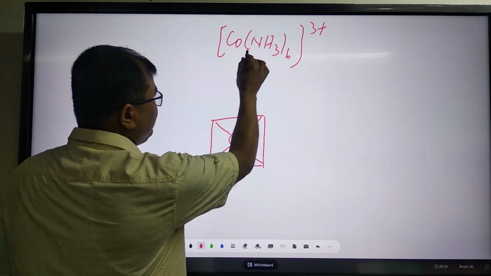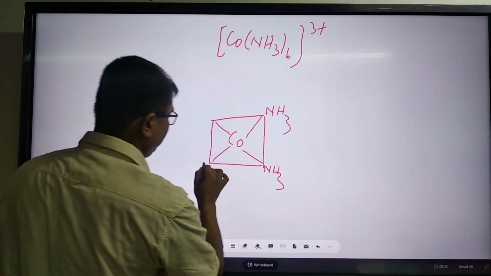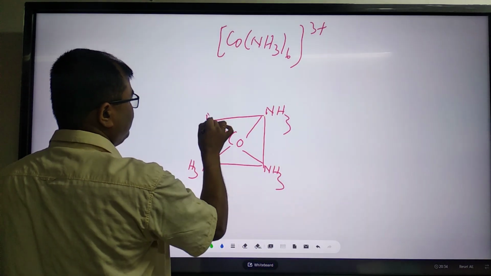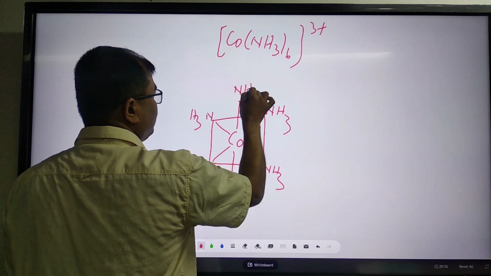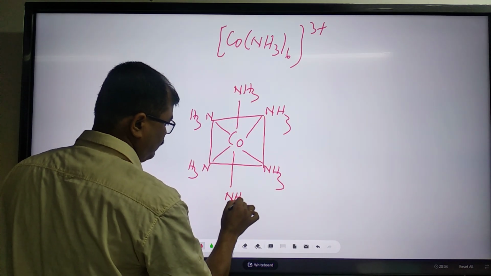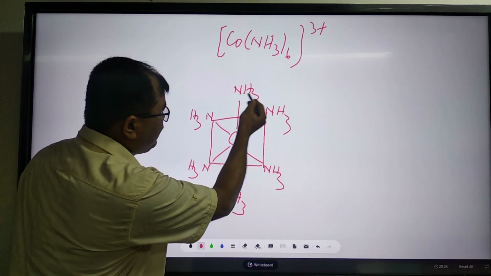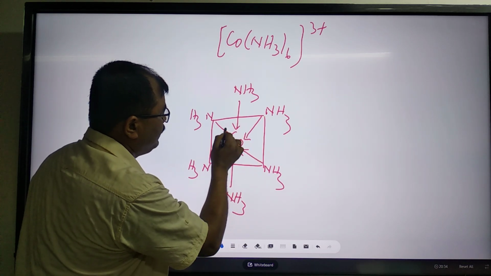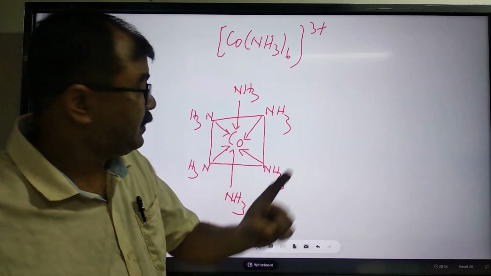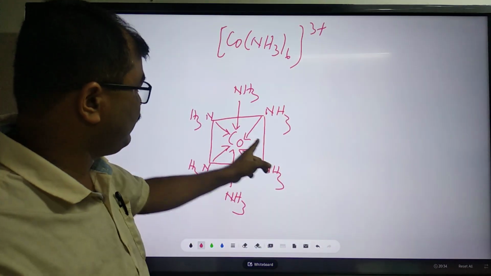See, these ligands are ammonia, NH3, NH3, NH3, NH3. This is how it is represented. These are the ammonia ligands, and this arrowhead represents that each ammonia ligand is donating one pair of electrons.